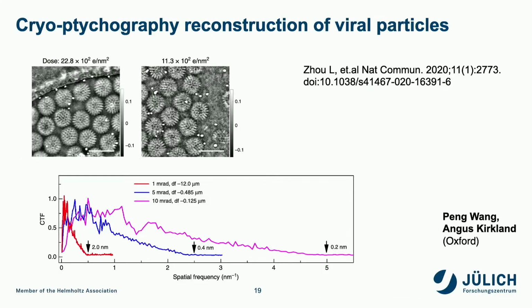Then there's another lab in Oxford from the materials science world, Angus Kirkland. They have started to do cryo-ptychography in collaboration with Peijun Zhang. Here they look at the rotavirus. These are ice-embedded structures, and here they use ptychography. These are the typical curves obtained by simulations with particular optical parameters.